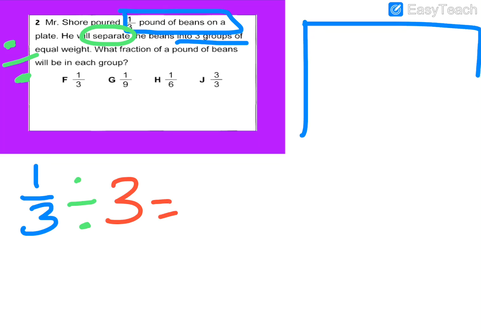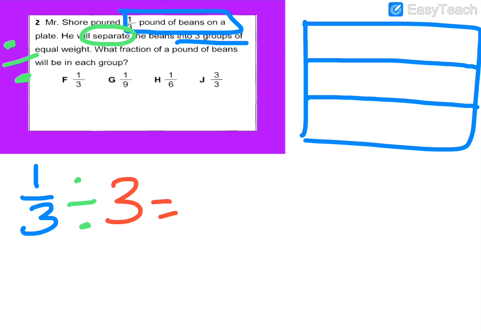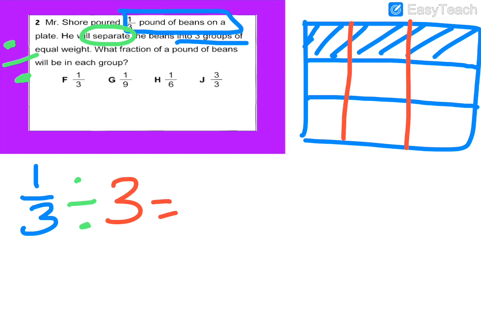So we would basically be starting with 1/3. Doesn't matter if you go horizontally or vertically. And shade the 1/3. And then you're going to divide it by 3. So 1 cut, 2 cuts. So you have 1, 2, 3 groups there. You take one section of that.